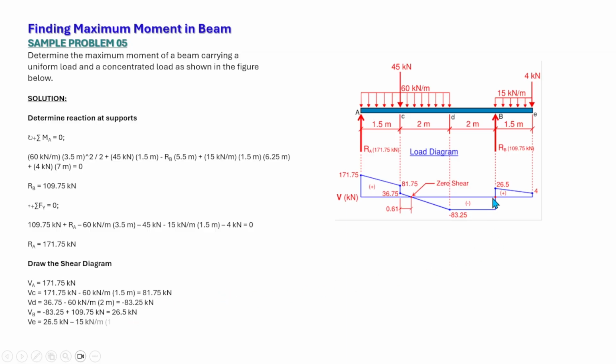That is the shear just to the right of point B, which is also equal to the shear at the cantilever end.